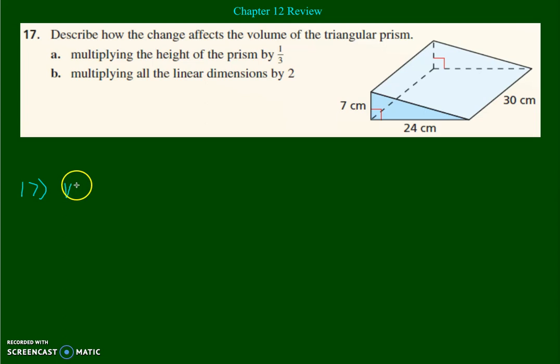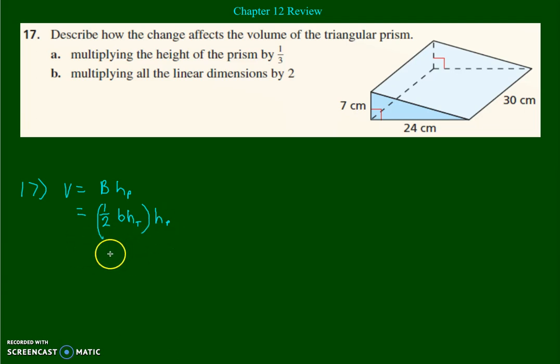We have volume equals area of the base times the height, which is 1/2 the base times the height of the triangle. Now, so that we avoid confusion here, I'm just going to put height triangle and height prism, just so that we can keep these straight. So that's area of the base times height of the prism.